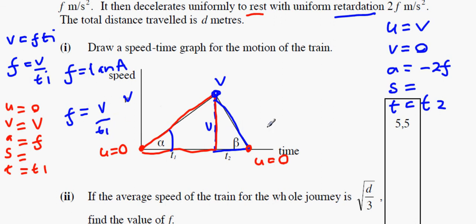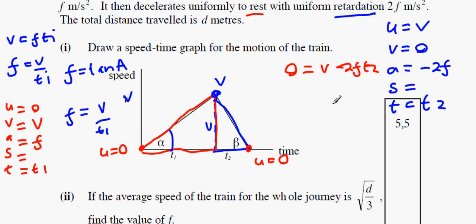Likewise, we could have done this one here. And we could have said, oh, wait a minute, for this information set, we could have said v equals u plus at. So we could have said 0 equals u plus at, which is going to be v minus 2ft2.